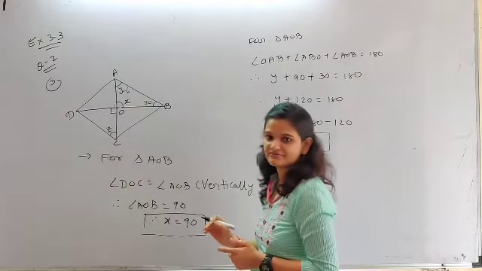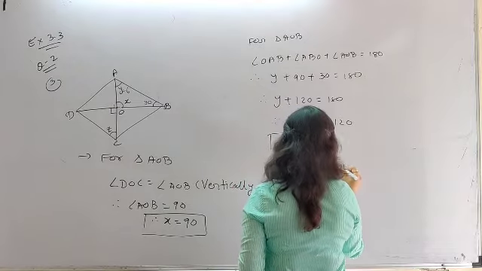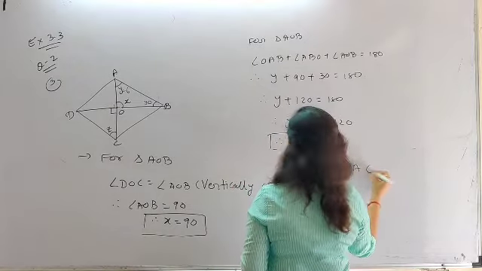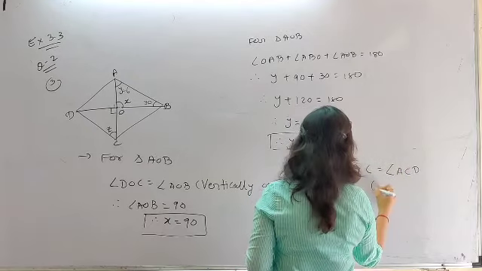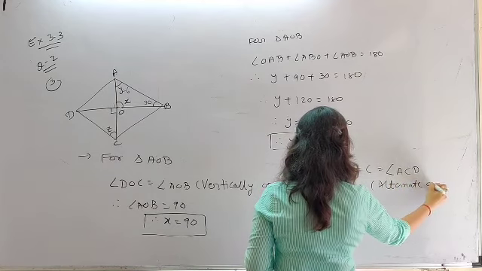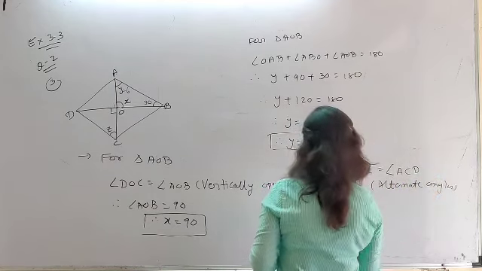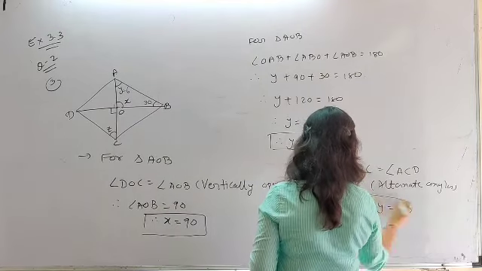Now only z is left. So here angle BAC is same as angle ACB. They are alternate angles. So z is equal to y is equal to 60.